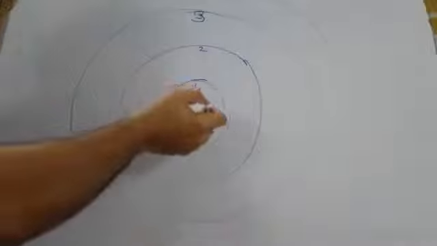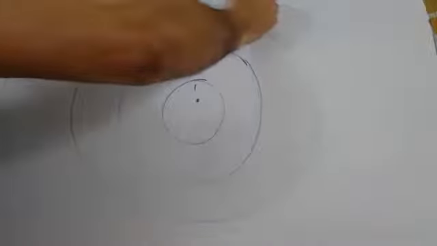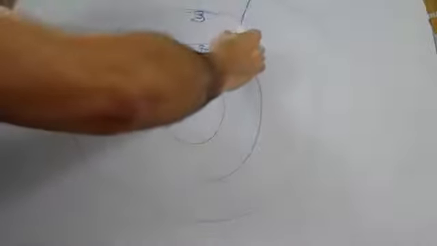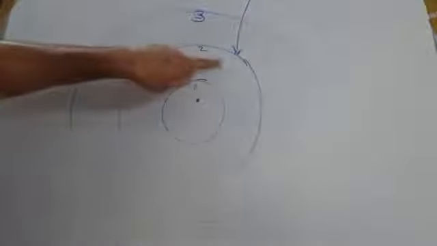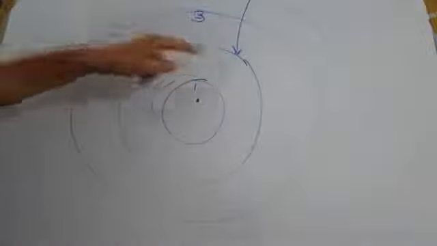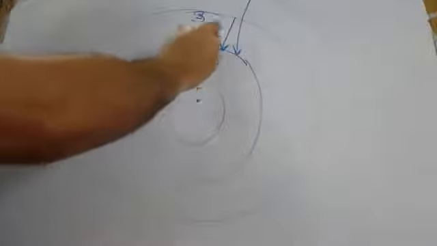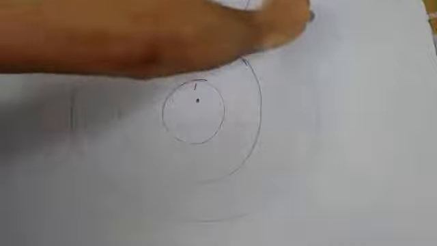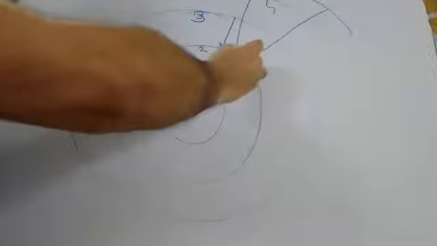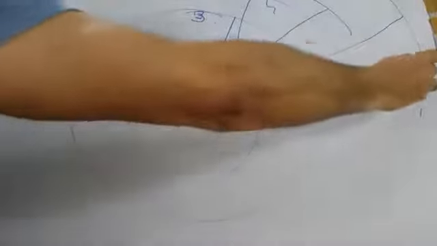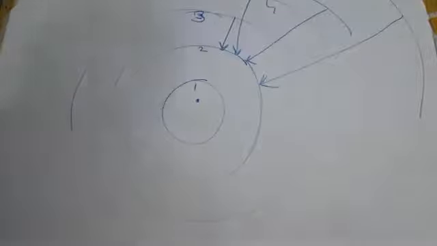And when electron comes from any higher orbit to this second orbit, then that is Balmer series, and that is in the visible region: from 3 to 2, from 4 to 2, from 5 to 2, from 6 to 2, or from any, say, 100 to 2, all those spectral lines lie in the Balmer series in the visible region.